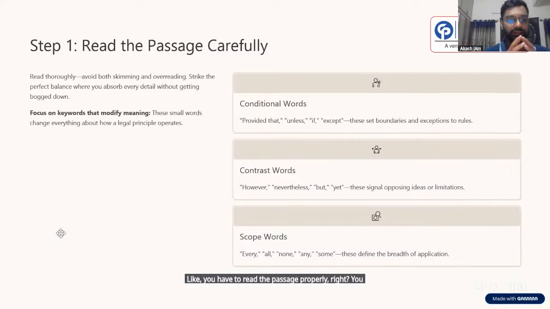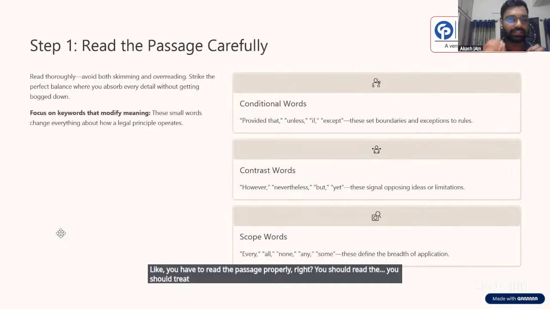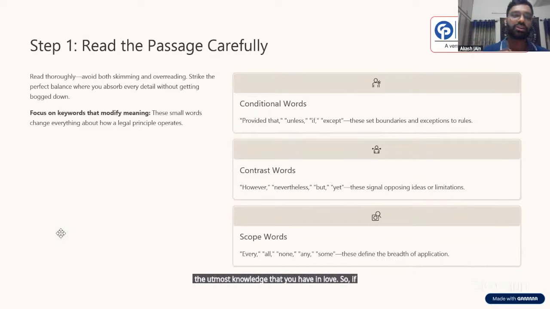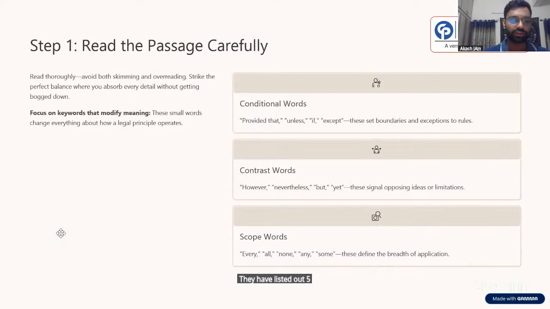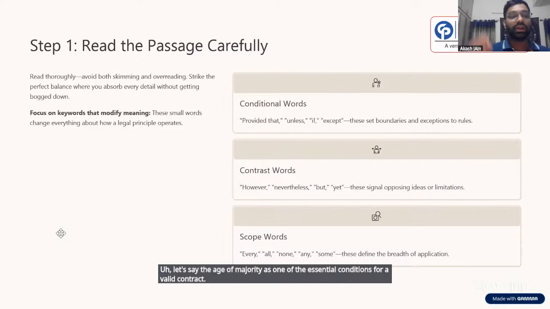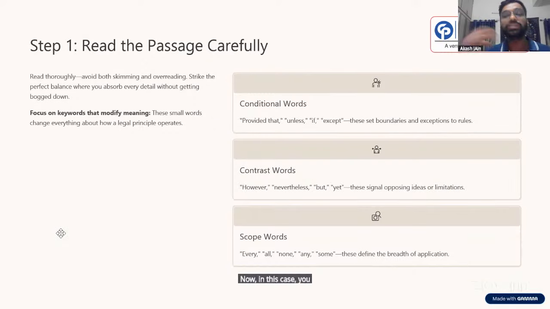You should treat the passage as the utmost knowledge that you have in law. So if the passage talks about, let's say, the essentials of a contract, and it lists out 5 essentials but does not list the age of majority as one of the essential conditions for a valid contract, in this case you cannot assume that age of majority is, in fact, one of the essential conditions.